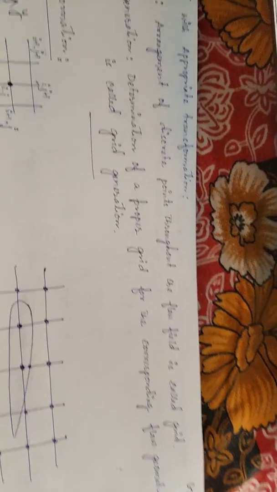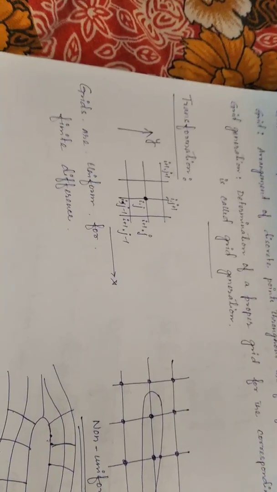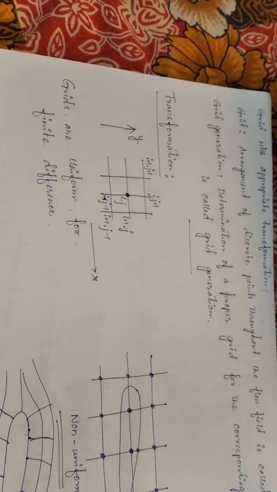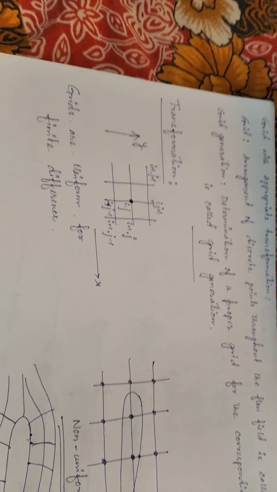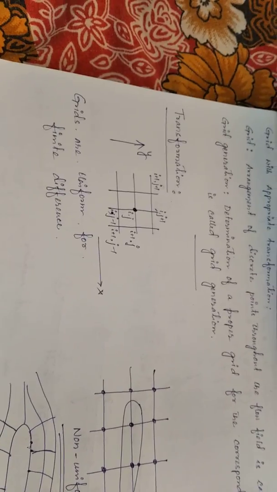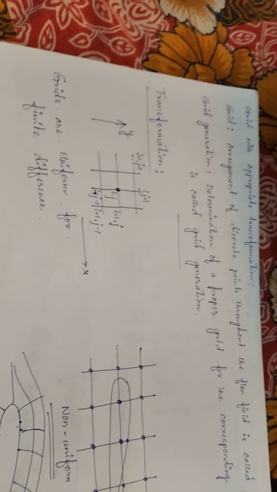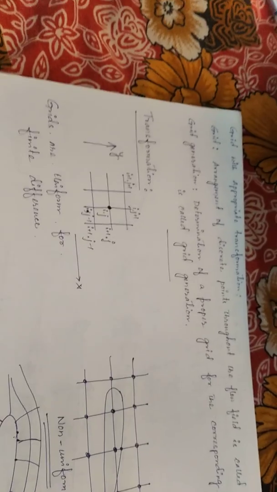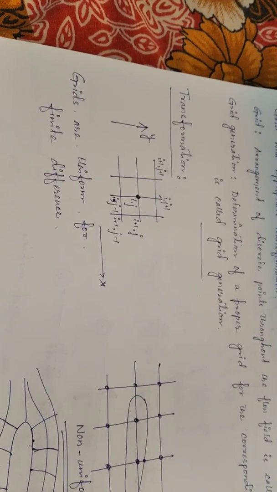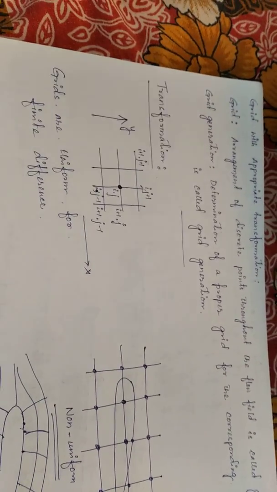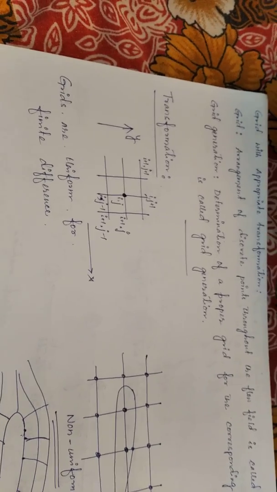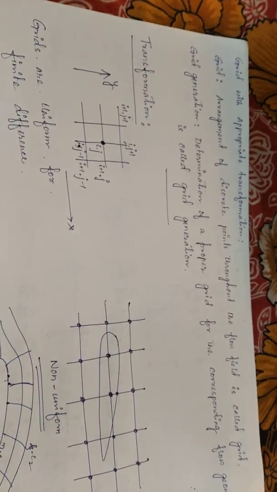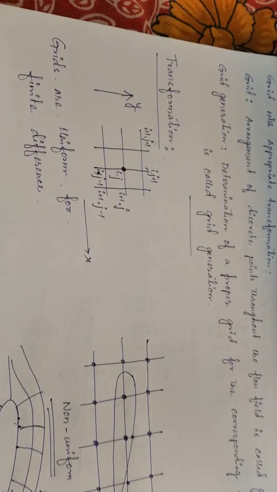For different flows you have to draw different types of grid, and decide what is a proper grid. It is not that for all types of problems you use one grid. So determination of the proper grid for the corresponding flow geometry is called grid generation.